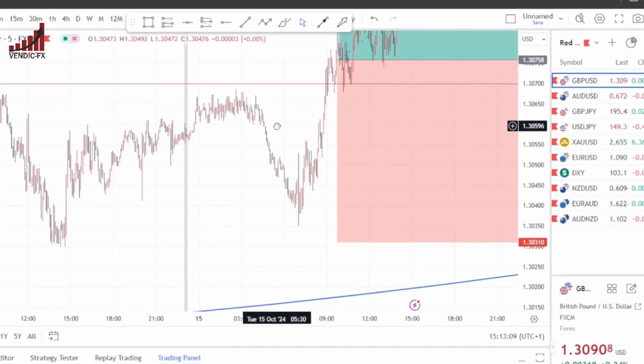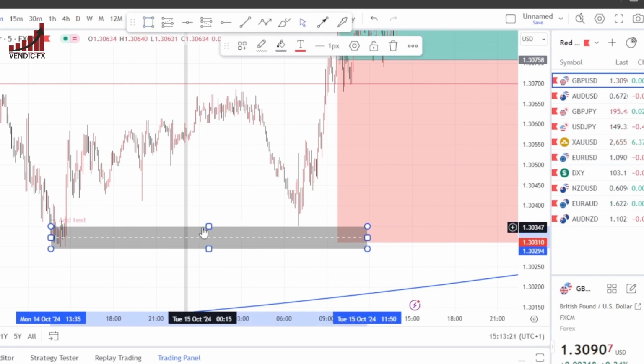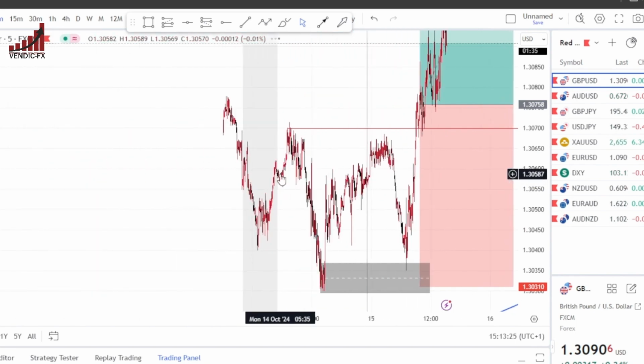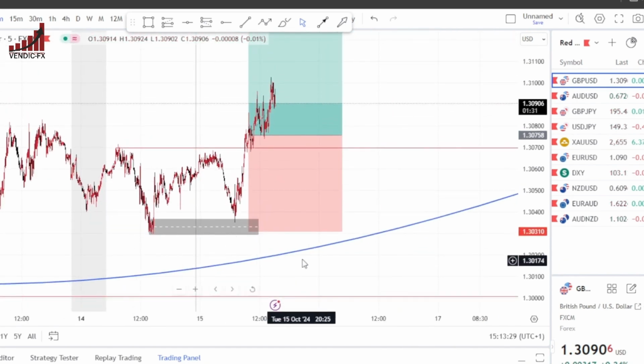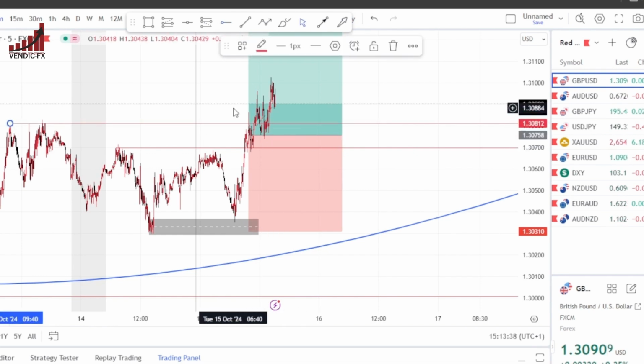Yesterday we came back and cleared yesterday's liquidity. The market always drops the liquidity, so we came back to clear yesterday's liquidity. Immediately we cleared, we started moving upward. But remember, this is a reverse point. We did not yet confirm the trend until this particular level is broken. Now we confirm that we are up.